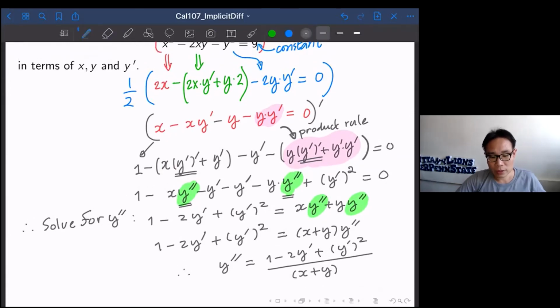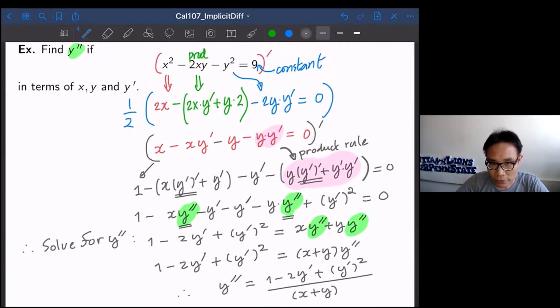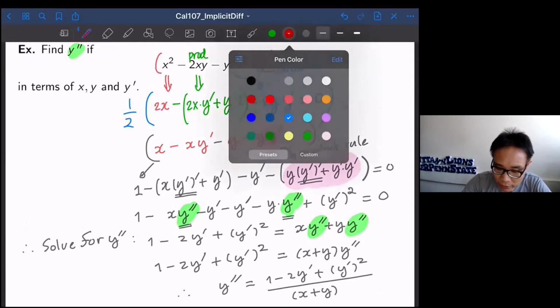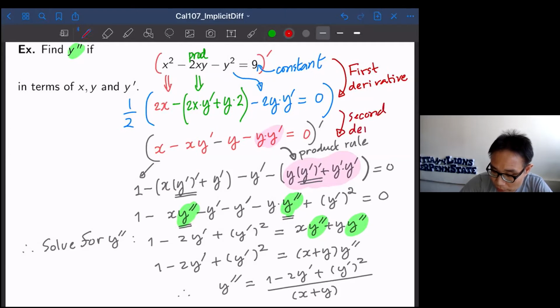So this is the whole thing for this calculation, okay? So you see that you find the first derivative first, and then you find the second derivative. Let me emphasize the calculation a little bit. So here to here is going to be the first derivative, and this is going to be the second derivative, okay?